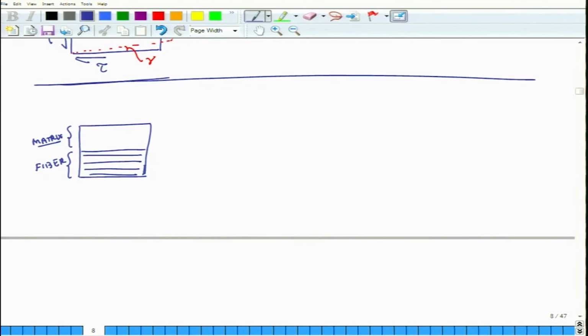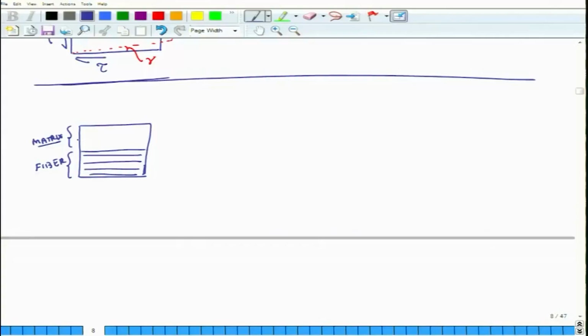So, in reality, the fibers and matrix are all uniformly distributed, but just for purposes of our understanding, I am lumping fiber at the bottom portion and matrix in the top portion. And this kind of lumping is valid because in reality the behavior of this system for shear will be fairly close to the actual system, and why, that is something we will discuss later. But for a moment just hold on to this.